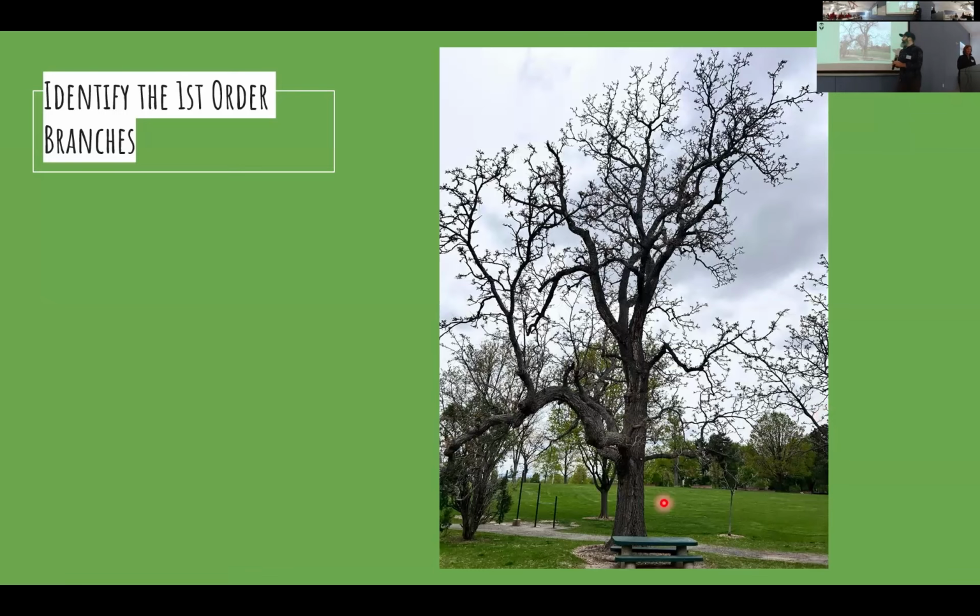So a good example like this one, you have a trunk, it's pretty clear that's a first order branch, right? So in this case, it could be useful to say in your pruning prescription, okay, prune on the ends of the first two, looks like there's two first order branches. That's pretty clear, right? And it can help you be more specific about that.